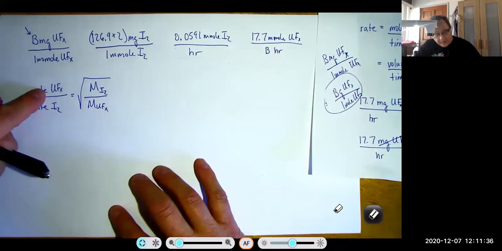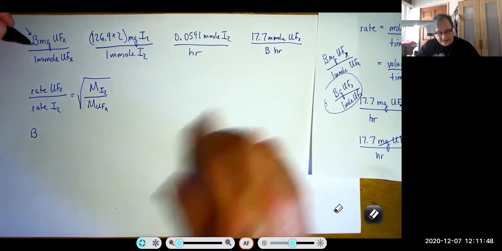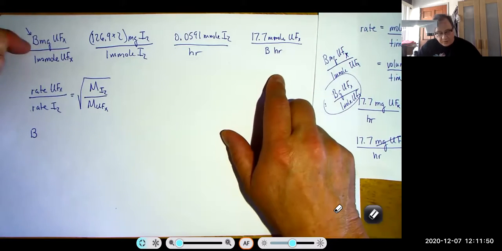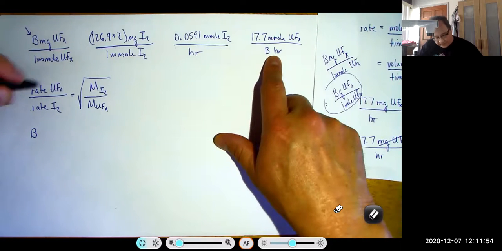So the rate of the uranium fluoride is going to be B, oh, this is wrong. No, this is right. This is the molar mass of uranium fluoride. I'm going to use this for the flow of uranium fluoride.